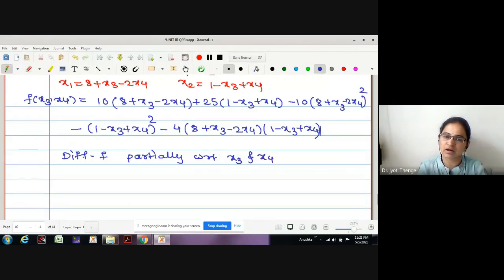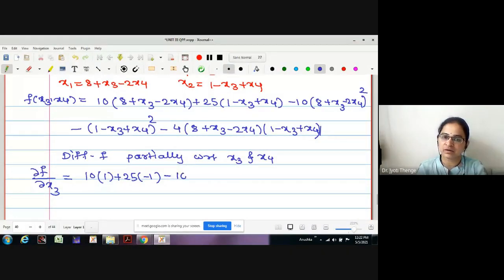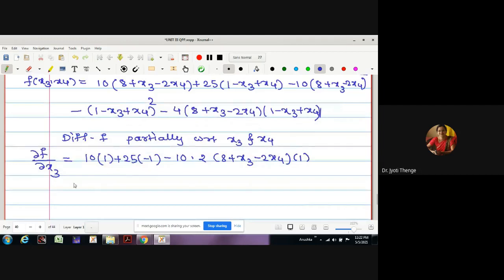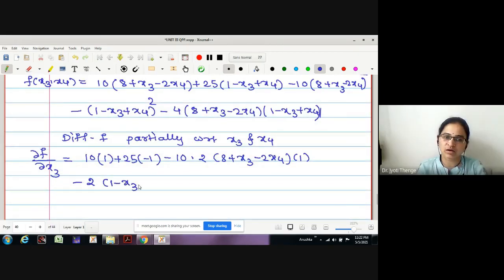What is dou f by dou x3 giving us? 10 into, here it is 1, plus 25 into the derivative of the second bracket, which is minus 1, minus 10 into 2 times 8 plus x3 minus 2x4, minus 2 times 1 minus x3 plus x4, into the derivative of x3. The derivative of x3 is minus 1, therefore let me observe this.